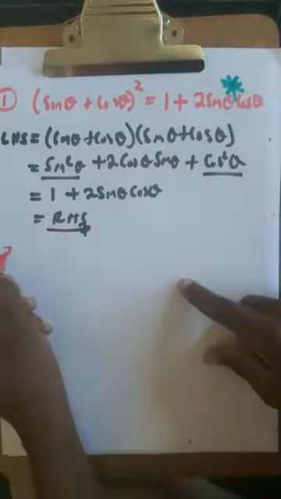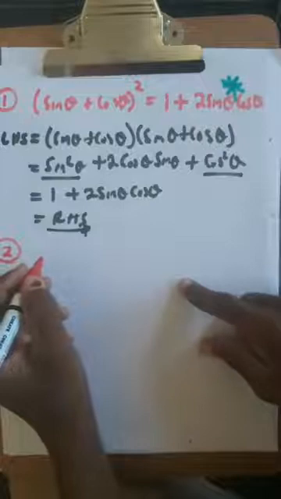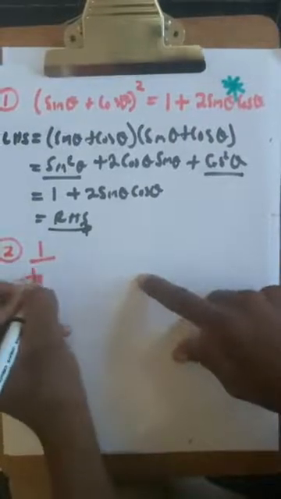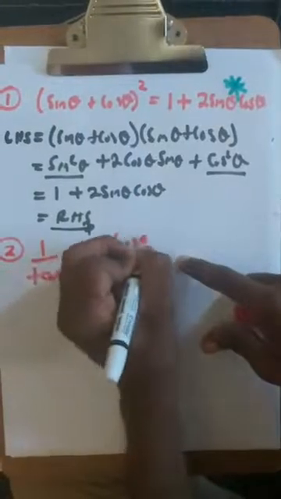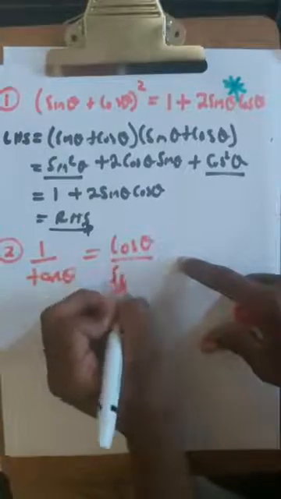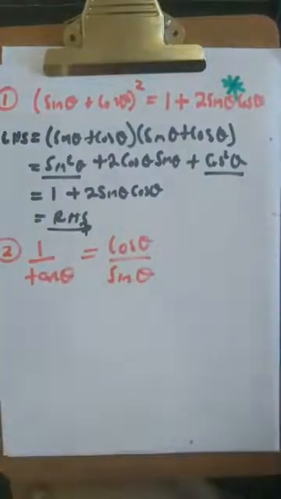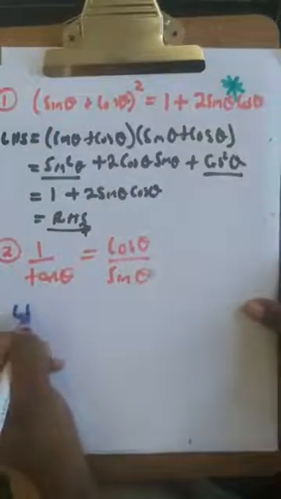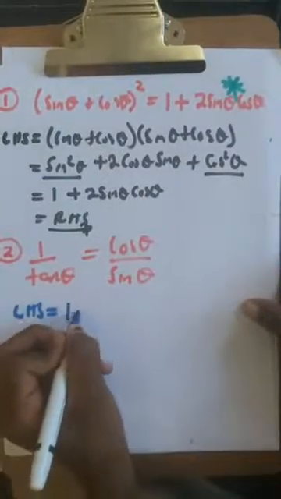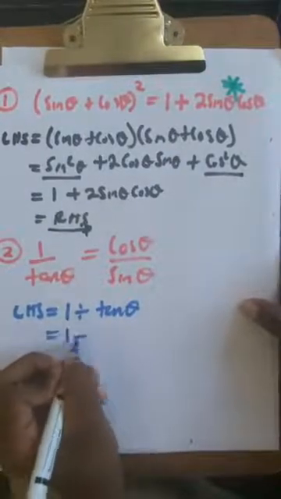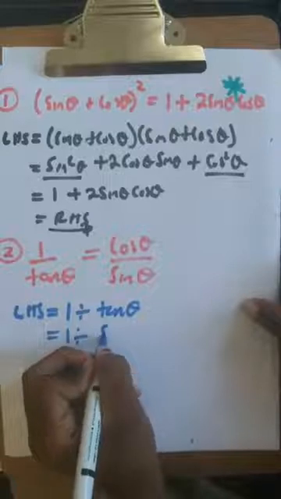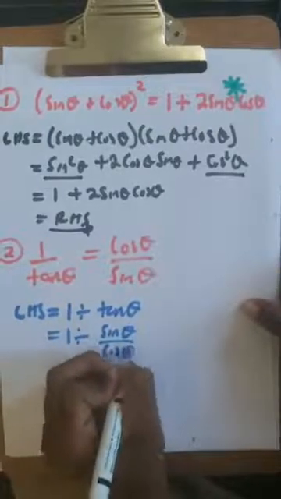Then number 2, which is also very important to remember, is when you want to prove that 1 over tan theta is equal to cos theta over sin theta. The left hand side is 1 divided by tan of theta, which is 1 divided by sine of theta over cos of theta.